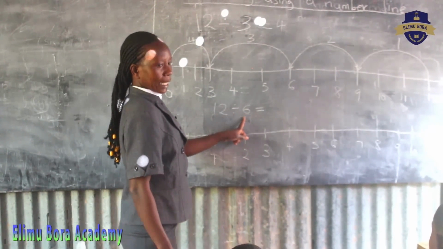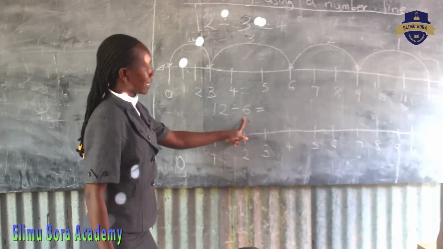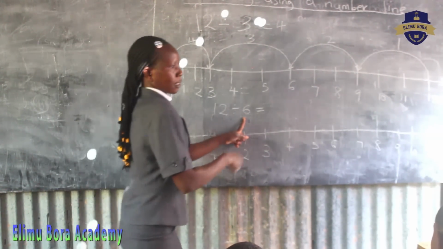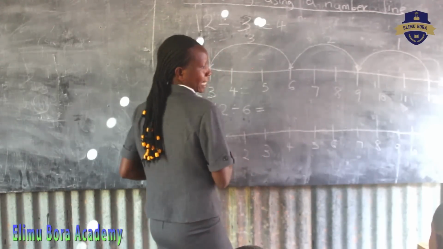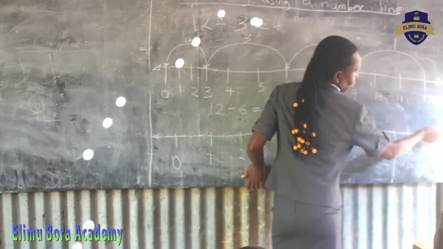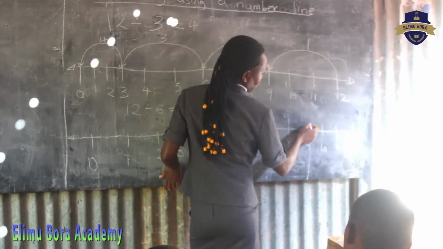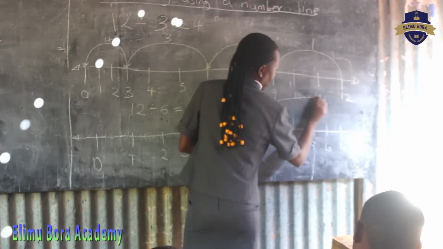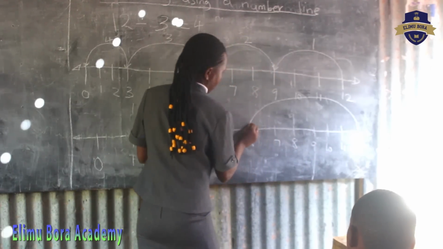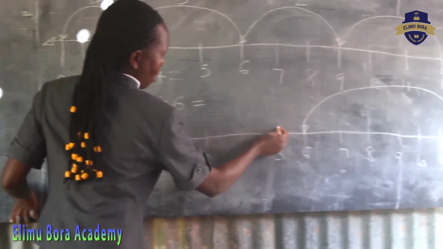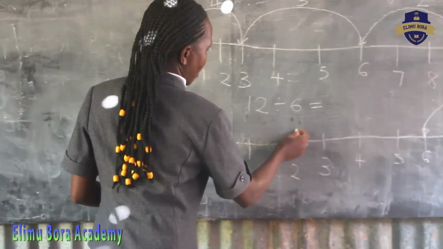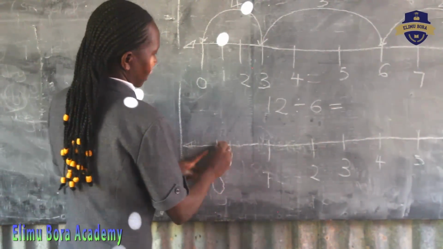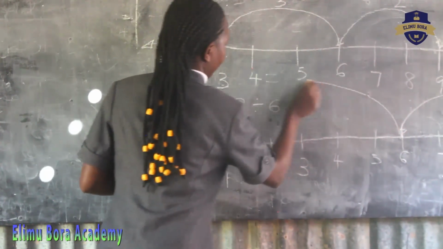So we count in 6 backwards. So we count 1, 2, 3, 4, 5, 6. Another one, 1, 2, 3, 4, 5, 6.